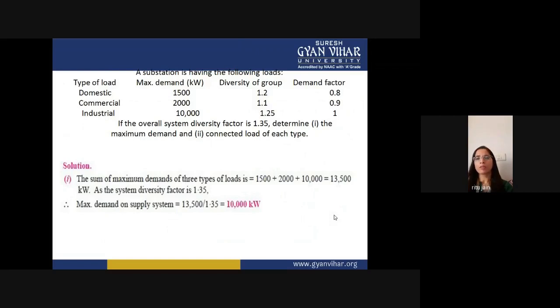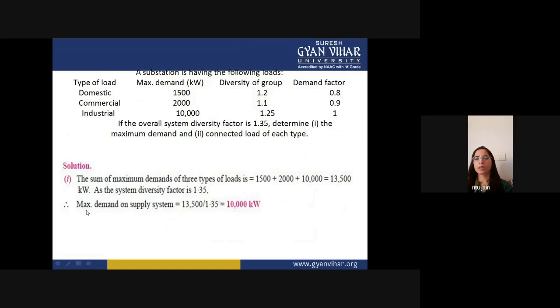The sum of maximum demand of the three types of load is 1500 plus 2000 plus 10,000, which is 13,500 kilowatt. And the system diversity factor is already given, which is 1.35. So you can easily calculate the maximum demand of the supply, which is equal to the sum of individual maximum demands divided by the system diversity factor.